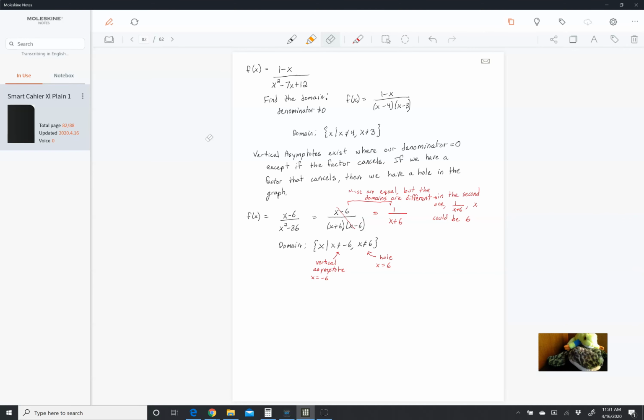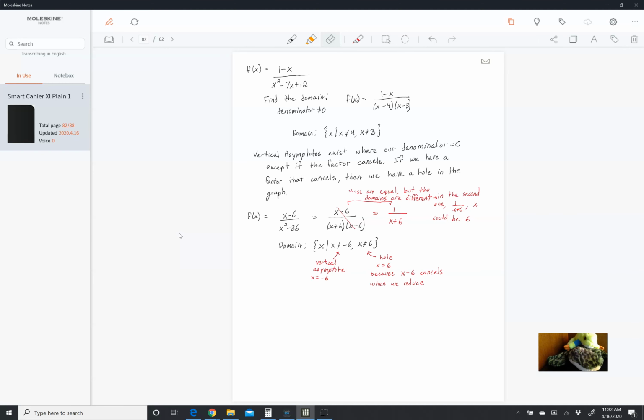And that doesn't always happen. It's only if we have a factor that cancels. If we have a factor that cancels when we reduce, then we have a hole. If nothing cancels, then we only have asymptotes.